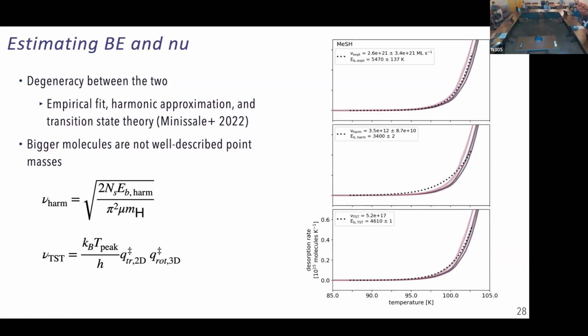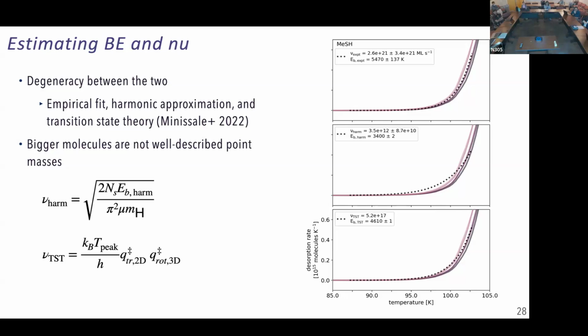On the top, we have just the empirical fit. We see visually it looks good, but when we look at the errors, it's pretty bad. Over here, we have the harmonic fit, and we can see visually it does not fit this curve part. And for the TST, we find that it fits really well.